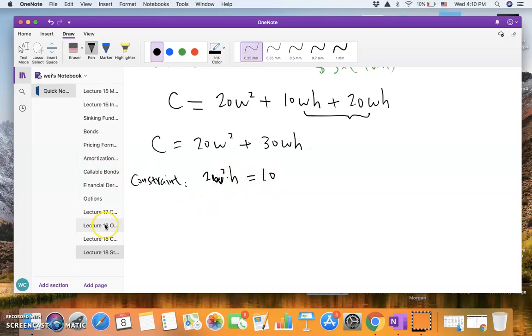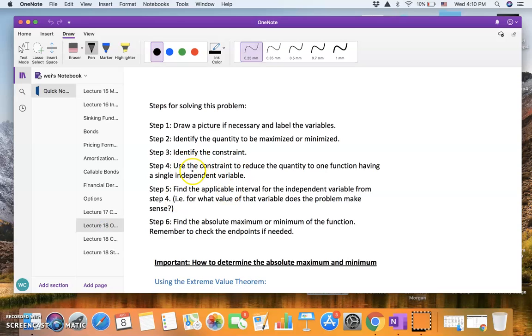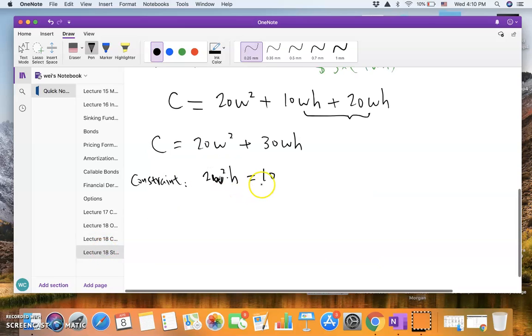Once we found this, we use this constraint to reduce the quantity to one function having a single independent variable. From this equation, if we solve for h, we can write h in terms of w.